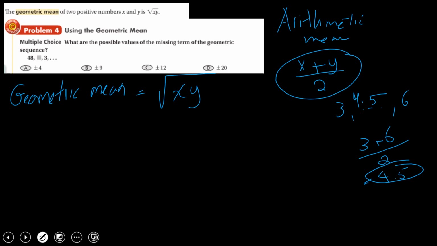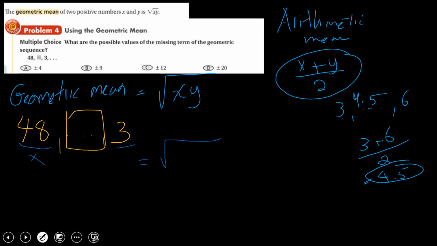Using the geometric mean, if you have this sequence, 48, any number, 3, and I want you to find the missing number, I can find it using the geometric mean, which equals the square root of x times y.